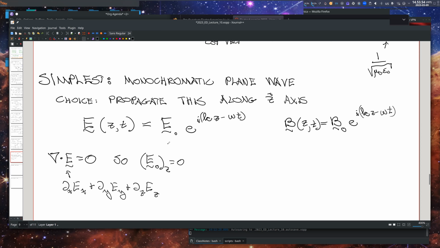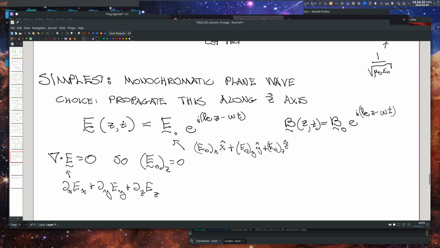And here, this E0 you can view as a vector, which is E0x along x hat plus E0y along y hat plus E0z along z hat. And this exponential multiplies everybody, but there's no x and no y. So d/dx of Ex, well, there's no x dependence here.